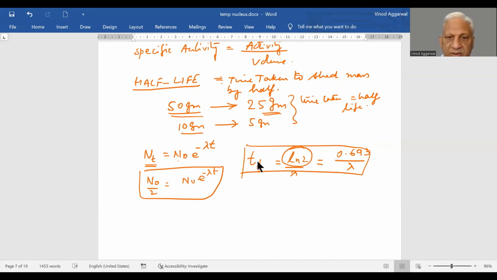This is a very important relationship through which you can calculate your half-life. Basically, half-life is equal to 0.693 divided by lambda. Lambda is the decay constant.